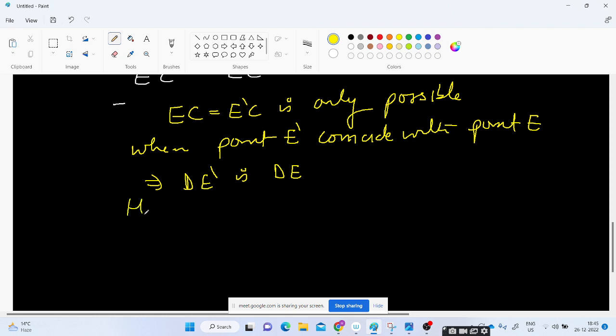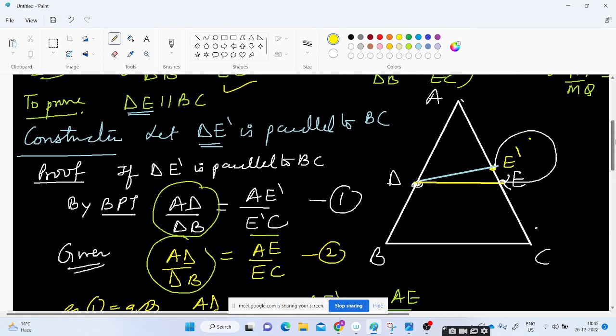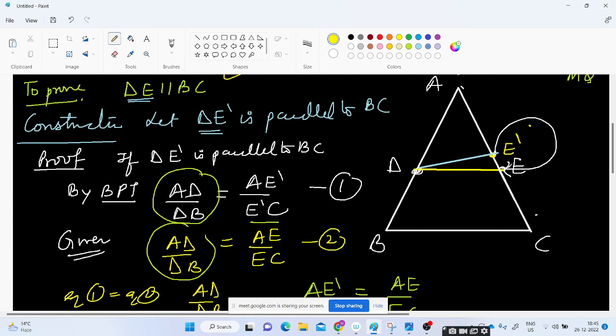Hence, what we assume is DE is parallel to BC. So this is the converse of BPT. What we have assumed here is that DE dash is parallel, and we apply BPT.